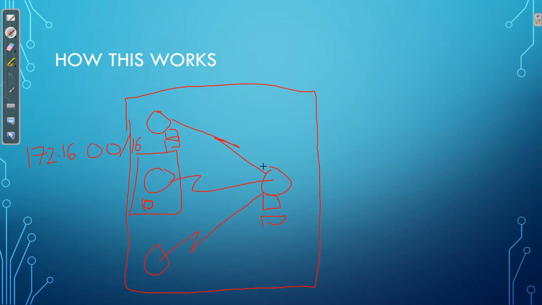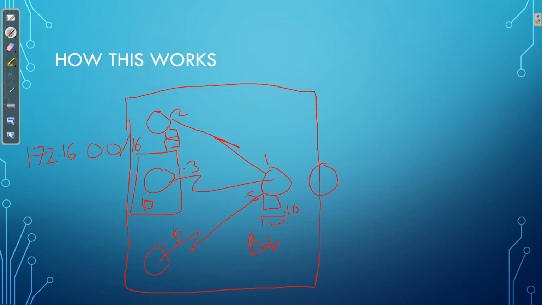So that means I will start to assign my devices IP addresses from this address range. So IP addresses like this, like that, etc. Imagine this is Bob. Bob is assigned IP address .10, so 172.16.0.10. And we have my edge router over here.